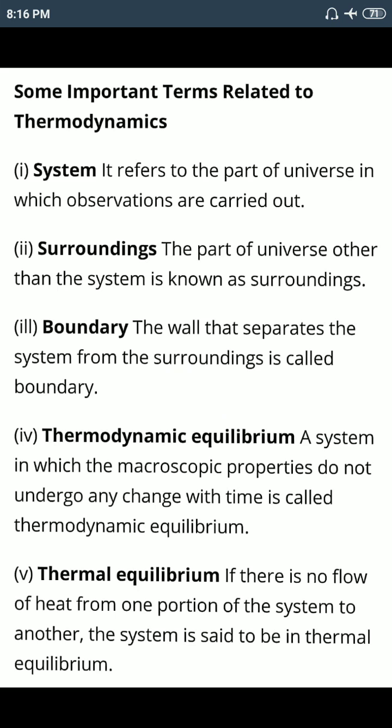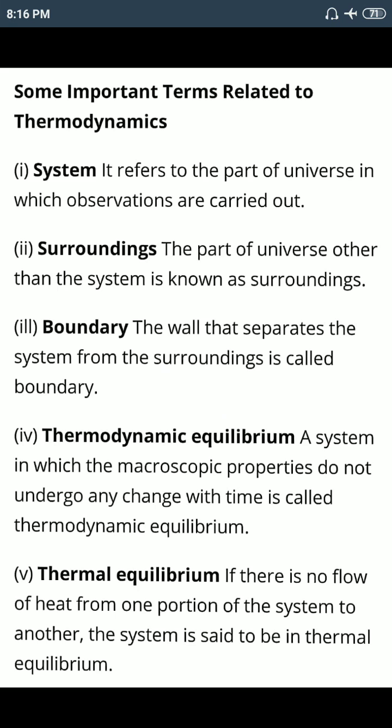Surrounding: the other parts of the universe other than the system are called surrounding. Boundary is a wall that separates the system from the surrounding.